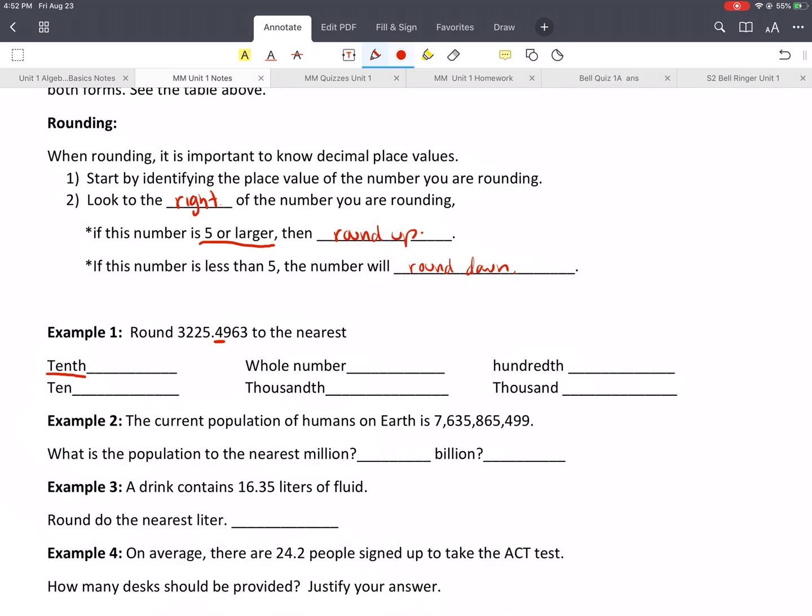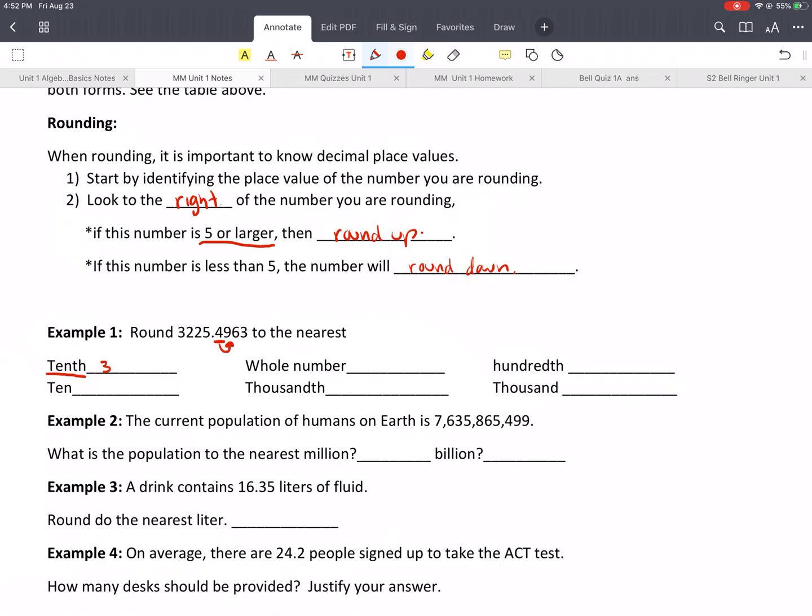Our tenths value would be 4. Next we look at the number right of it, which here is 9. If that value is greater than or equal to 5, then we round up. So in this situation, we'd round up.